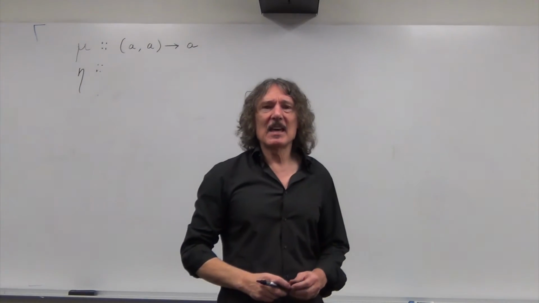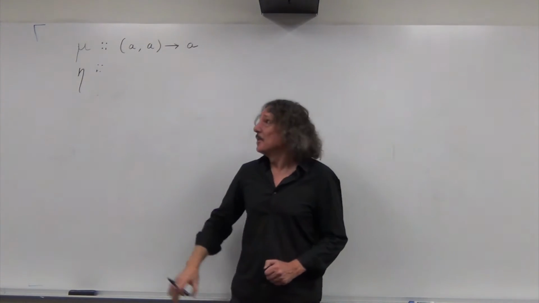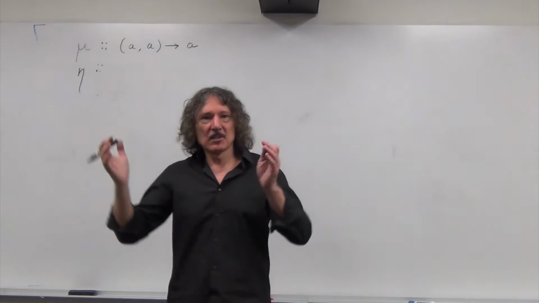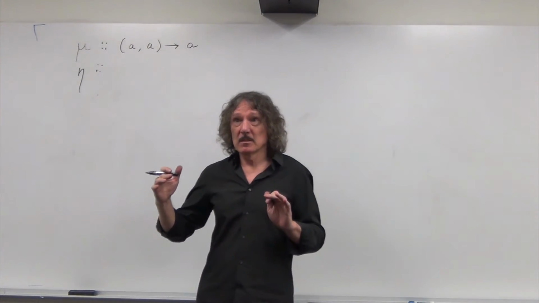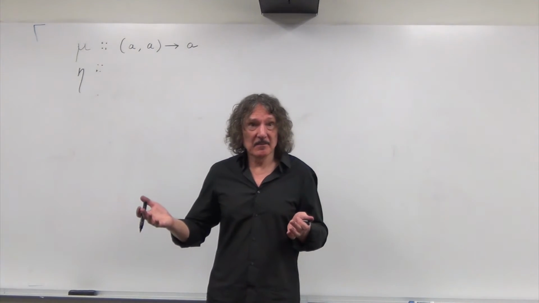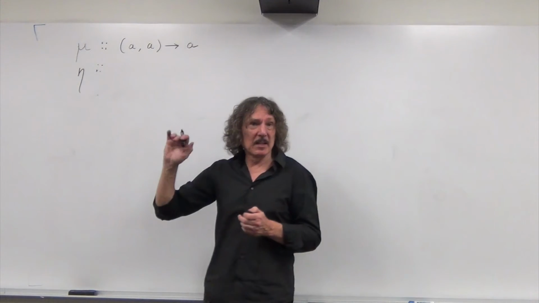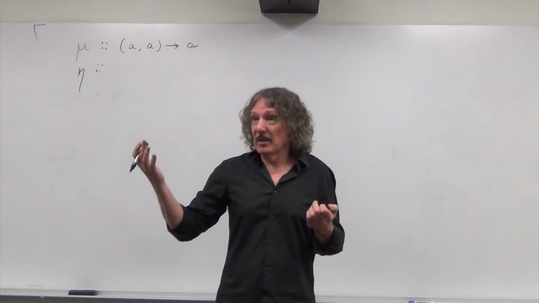So we have a set A, we form this Cartesian product of A with itself. So that's our repository of pairs of elements, and for each pair of elements, we have a new element that's their product, the monoidal product, right?